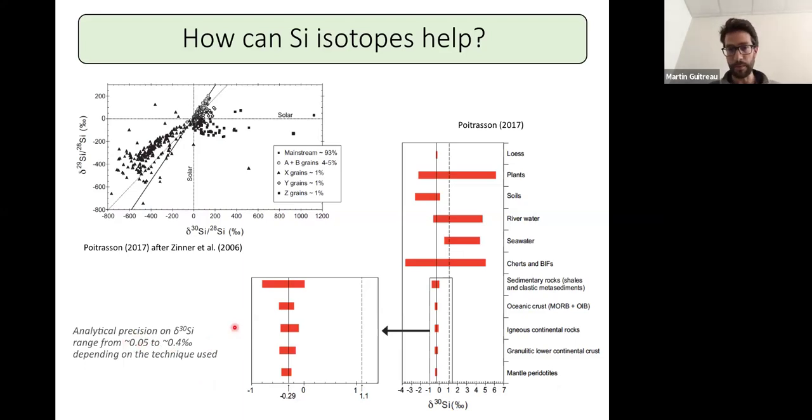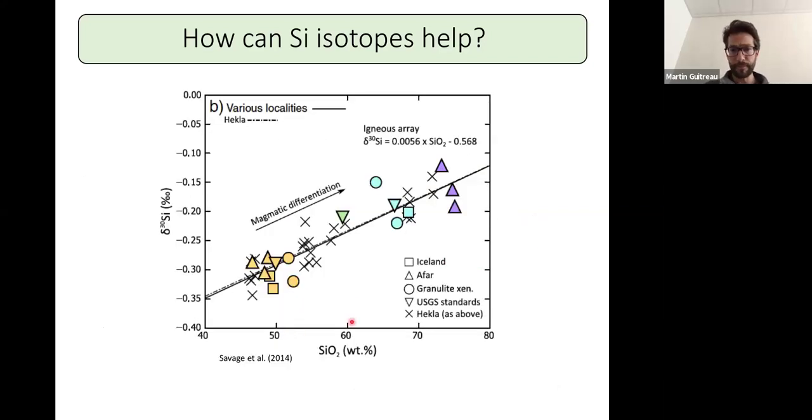That gives you the type of resolution that we have. And all the igneous material, more or less, is in this very narrow range where you have the composition of the bulk silicate earth. It's hard to discriminate the rocks in this range. So that's why we needed a very good precision.